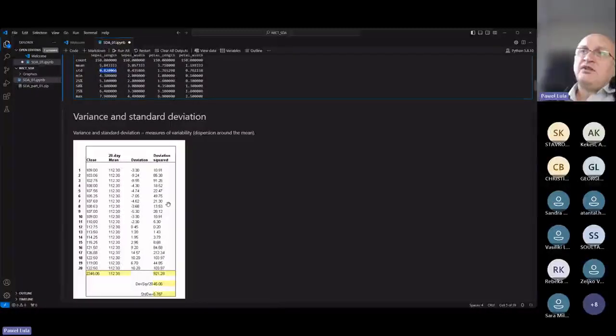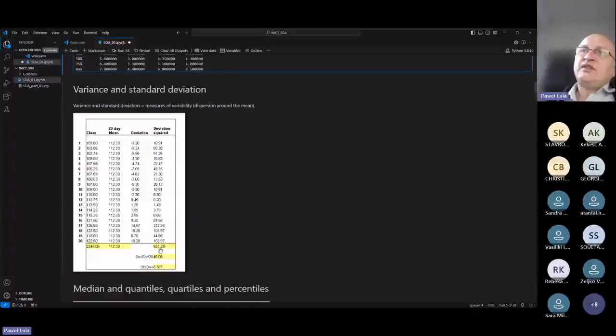So here in the fourth column, we have these differences squared. And I summed them up. The sum of them is here. And after it, I divided it by the number of observations, by 20.